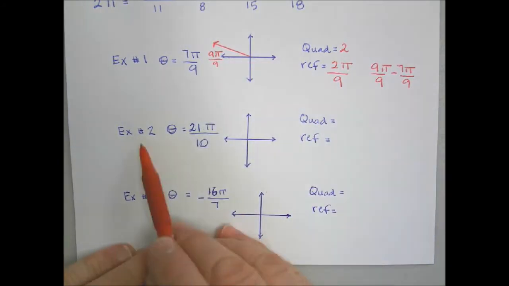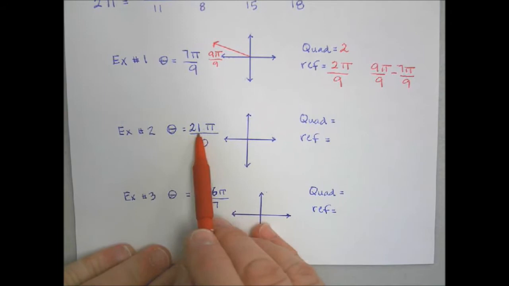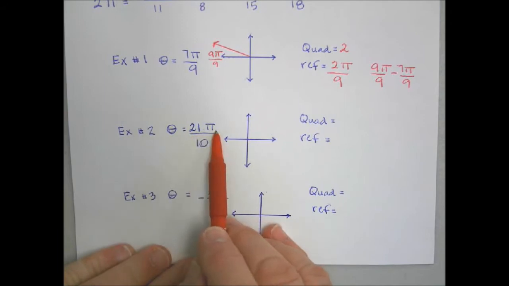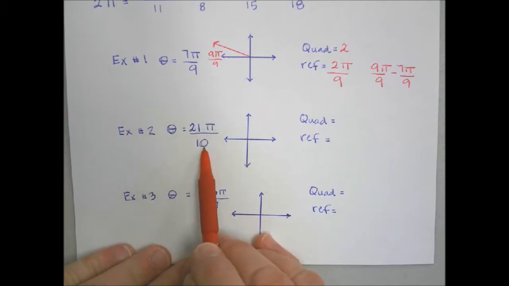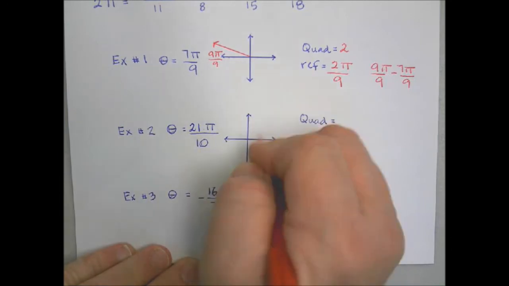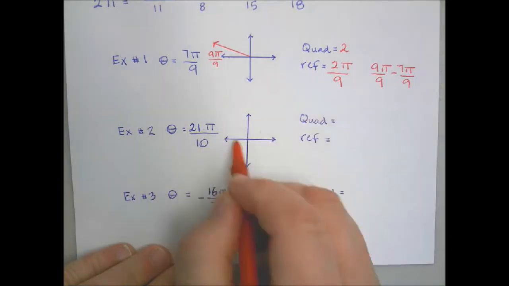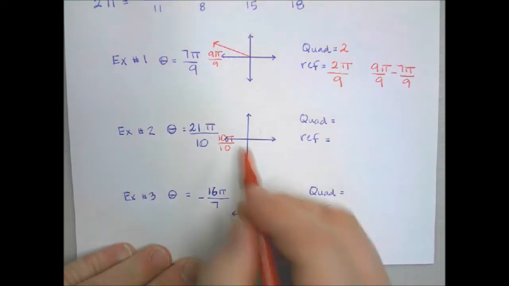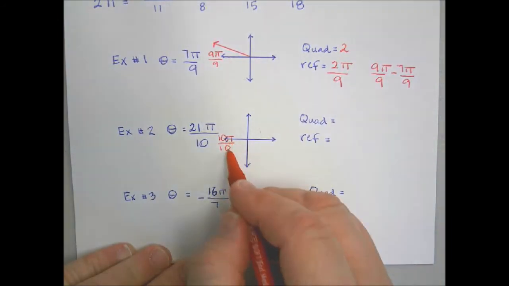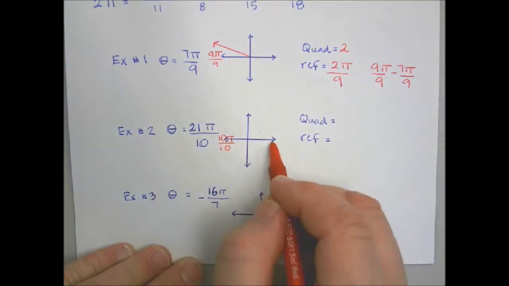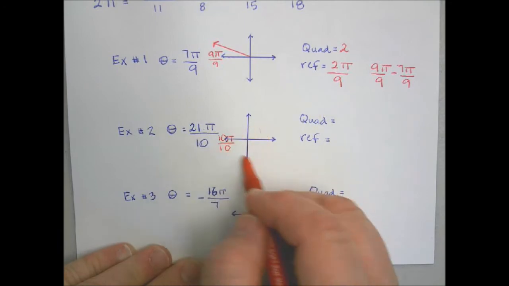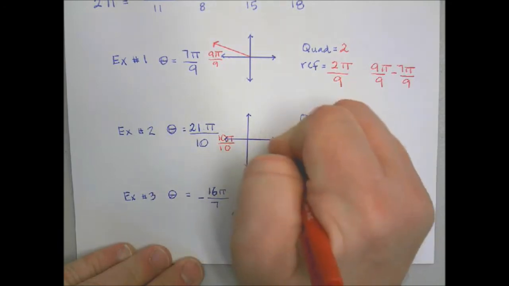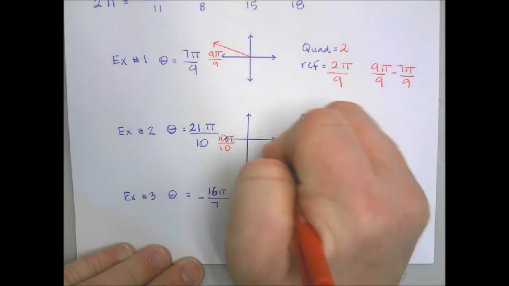Now, how about example number 2? 21 pi over 10. The key to the problem is it's written in tenths. So, getting halfway around, 180 degrees, would be the equivalent of 10 pi over 10. Getting all the way around back, 360 degrees, would be 20 pi over 10.